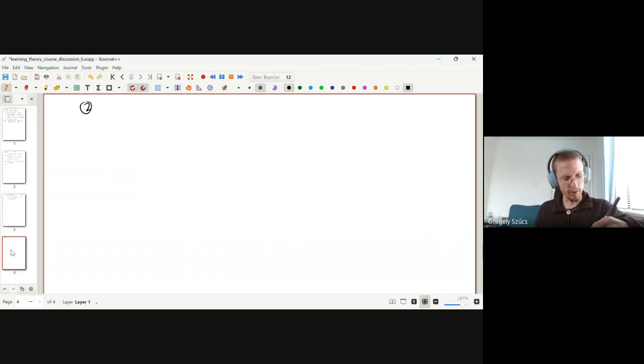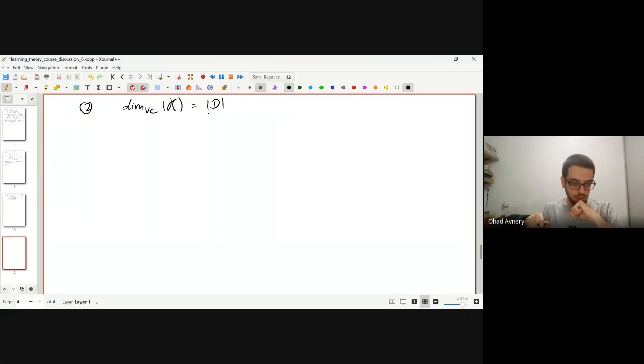In part 2, we wanted to show that the VC dimension is actually exactly equal to the size of D. Yeah, and here we saw that D is both a lower bound and an upper bound.